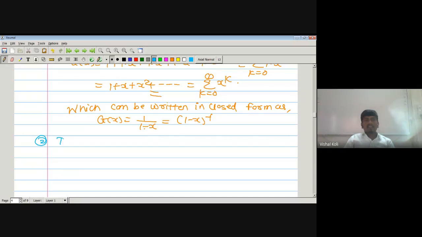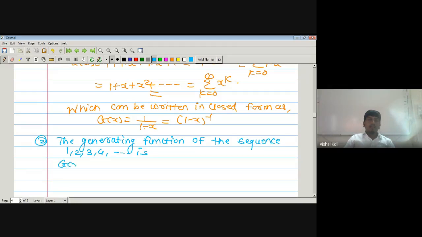the generating function of the sequence 1, 2, 3, 4 and so on. Here the value of a0 will be 1, the value of a1 will be 2, the value of a2 will be 3, and a3 will be 4.